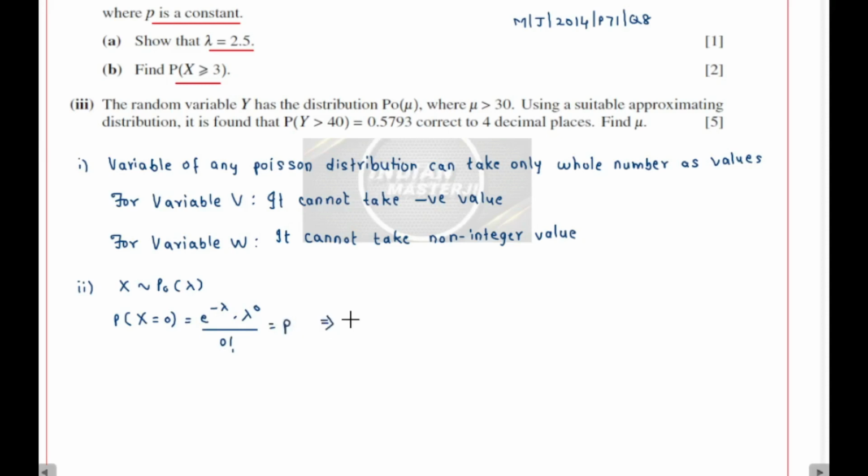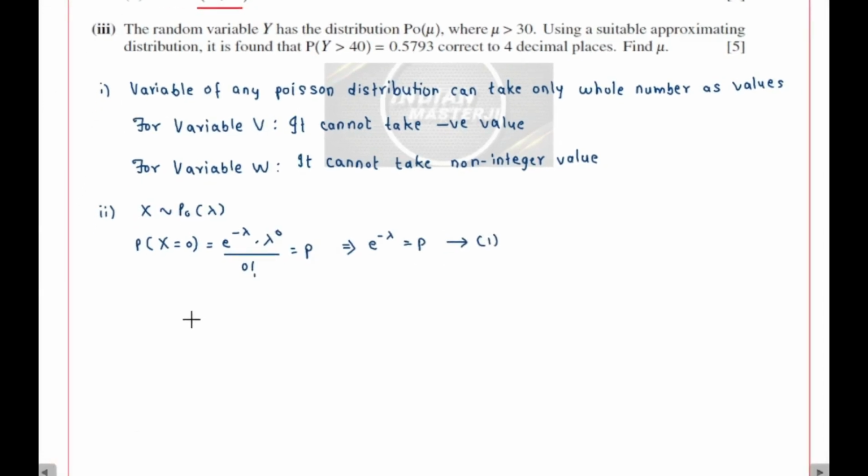So from this, can I say that e raised to minus lambda is equal to P? Why? Because lambda raised to 0 is 1 and 0 factorial is also 1. So e raised to minus lambda is equal to P, and I'll write down that this is equation number 1.